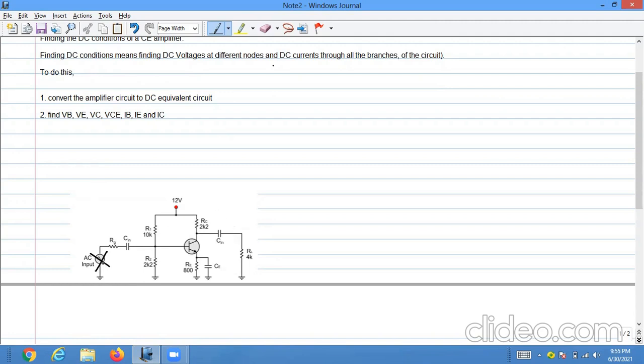When you remove this AC input, this AC coupling capacitor is not required. In the same way, this output coupling capacitor is also not required. And this emitter bypass capacitor CE is also not required. So we will remove all these components and draw the circuit.